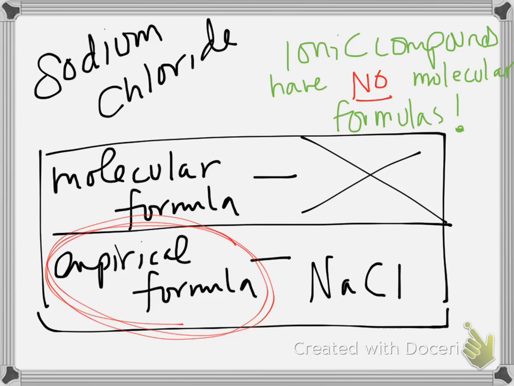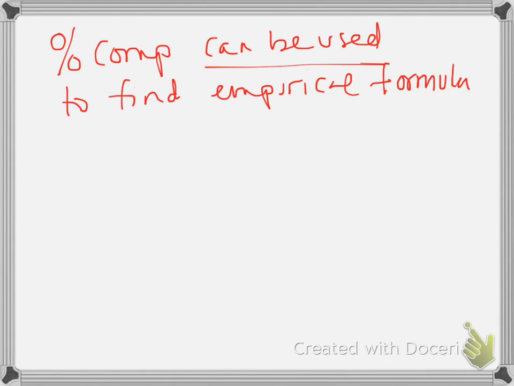I'm making up numbers. I doubt they add to 100. How do we use that information to find the formula of the compound? We can use it to find the empirical formula. Okay? So we can use the percent comp information to find the empirical formula. We cannot use it to find molecular formula.